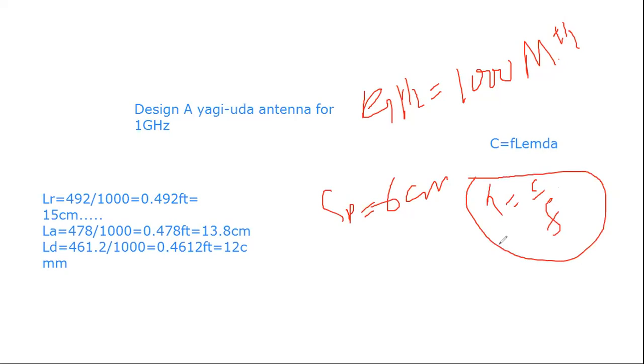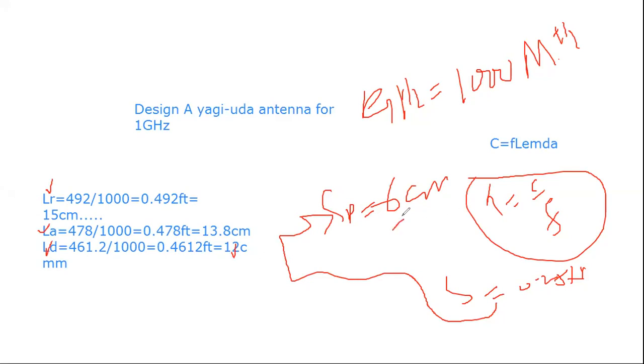Calculate the lambda, and then the space is equal to 0.25 multiplied by lambda. When you convert this into centimeters, it will be approximately 6 centimeters. So when we design the antenna, we will design LR, LA, and LD. This will be 15 centimeters, this will be 13.8 centimeters, this will be 12 centimeters, and the space between the elements will be 6 centimeters.